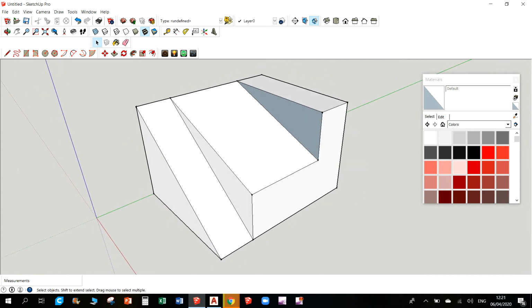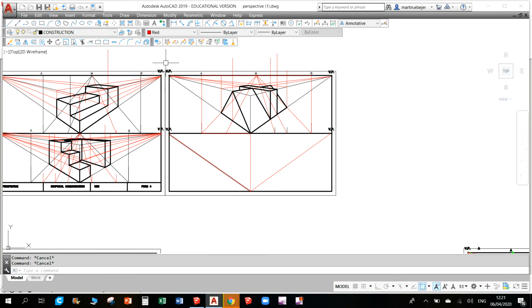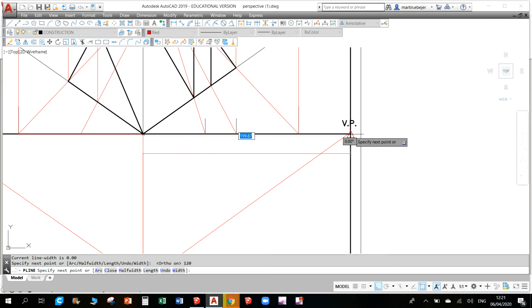Okay, so as we said, 120 by 120, and the height is 120. So the first thing we're gonna do is I'm gonna do the true length, which stands in the middle, which is gonna be 120 millimeter. I'm gonna join to the vanishing points.